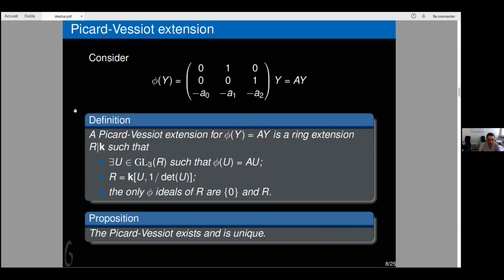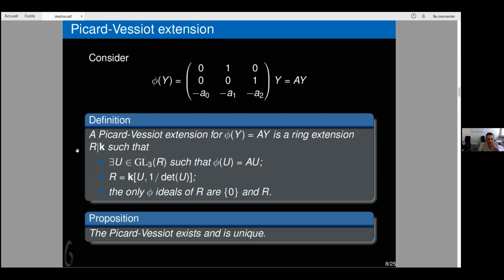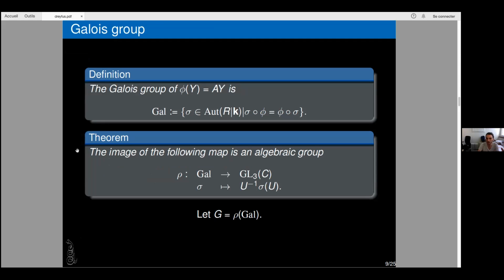To be precise, for showing the existence and uniqueness of the Picard-Vessiot extension, you only need the first two assumptions on this slide. The last two assumptions will appear in a few slides. Now that I've defined the Picard-Vessiot extension, I may define the Galois group.